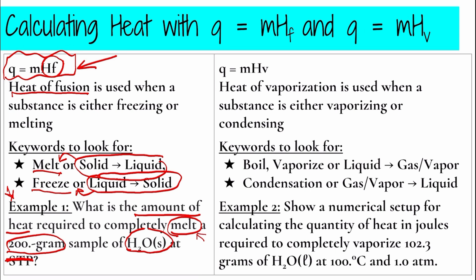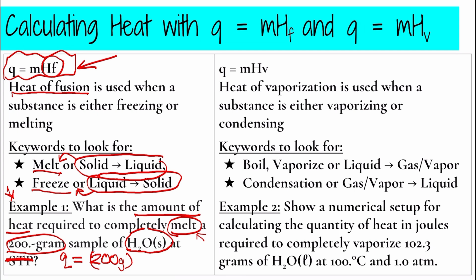So how would we set this up? Well, Q stands for heat, so that's what we're going to find. That's our X. So Q is our X. The m is the grams, or the mass, and they tell us we have 200 grams. And then they say we have H2O as the substance. And they don't give us the heat of fusion of water.